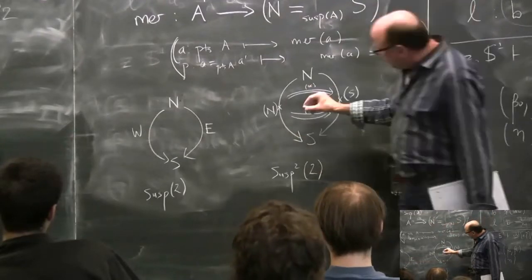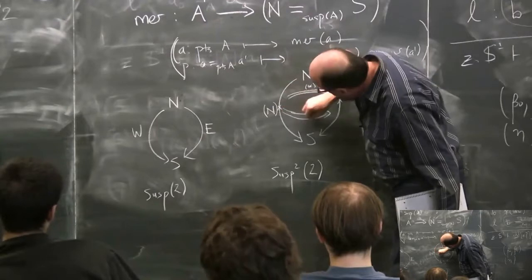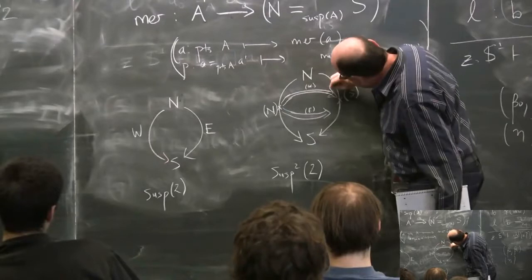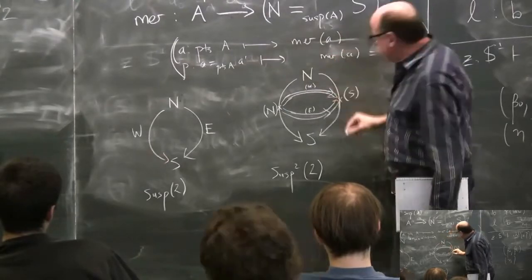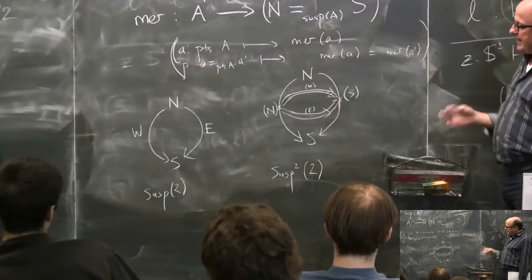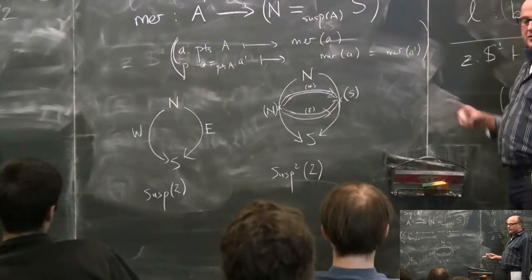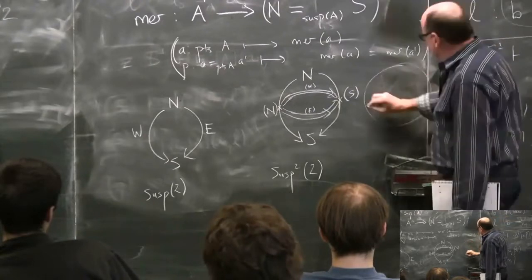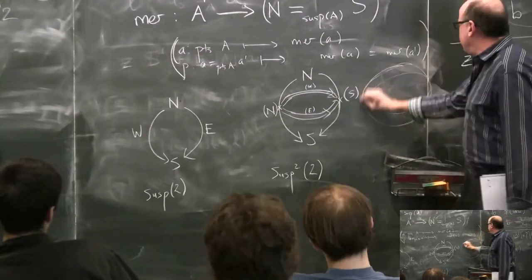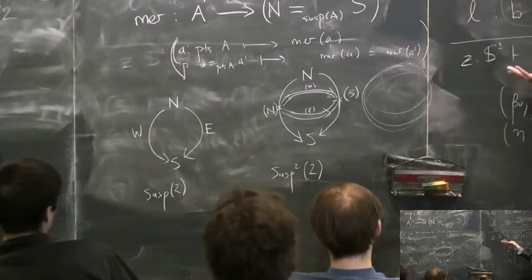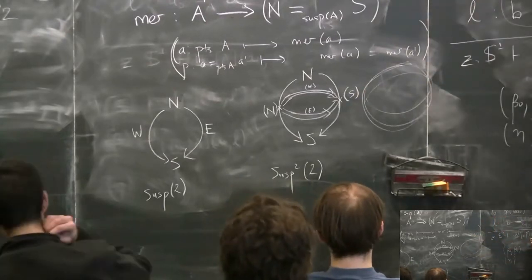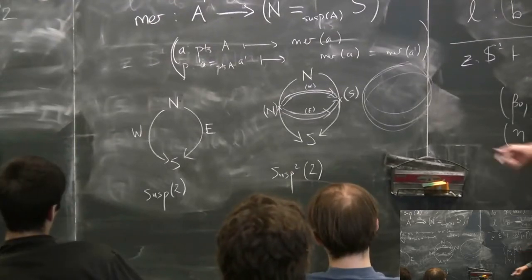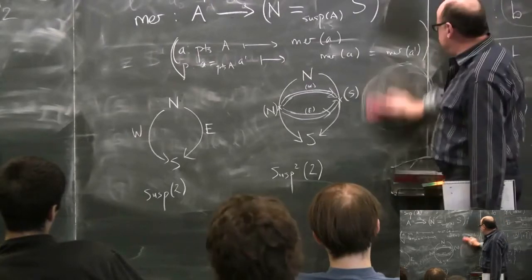And now if you just squint a little bit and move these over here, and make these guys come together, and then forget about the arrows, because they are oriented but they're reversible, so we could just forget about the arrows, then it kind of looks like this, as an S2. Of course, that doesn't prove anything, but I'm trying to give you a flavor. So that's the picture that you have.